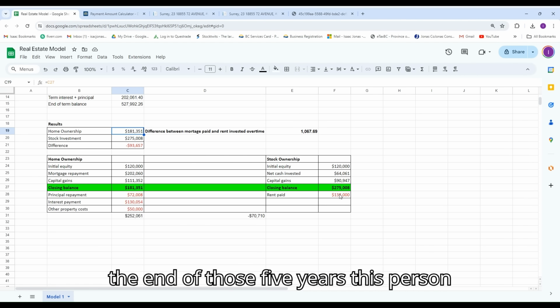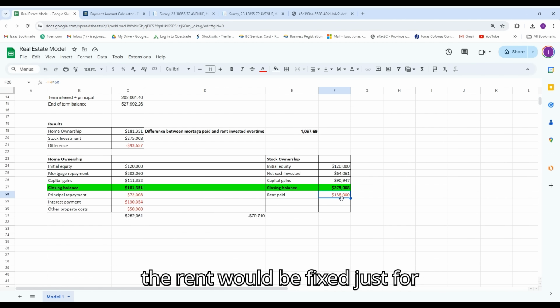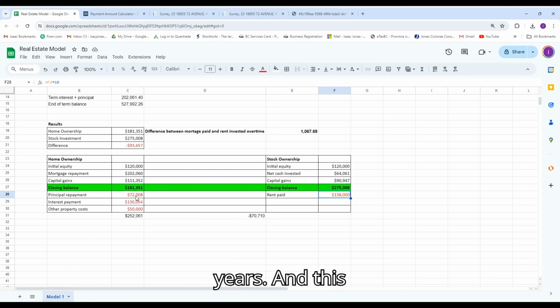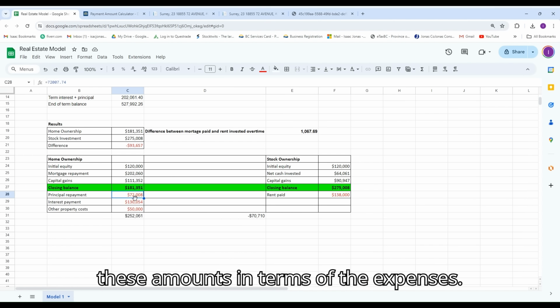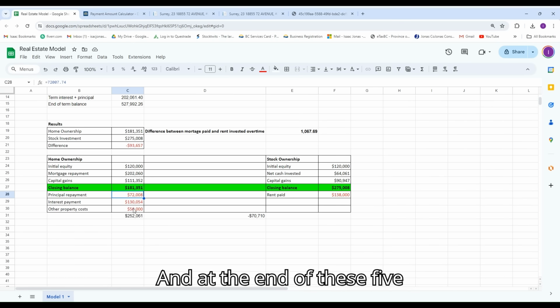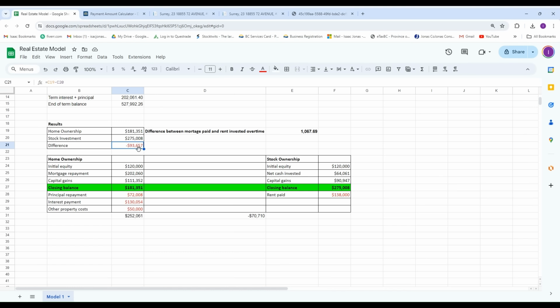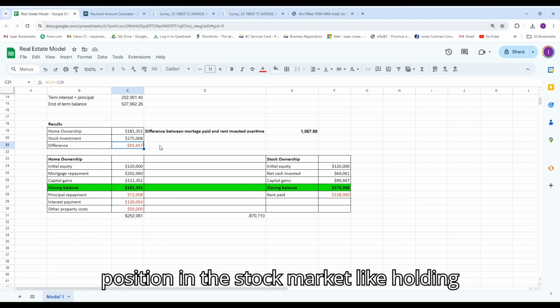At the end of those 5 years, this person would have paid out 138,000, and I'm assuming the rent would be fixed, just for simplicity, for the next 5 years. And this person would have paid out these amounts in terms of expenses. At the end of these 5 years, the difference would be 93,657 in favor of someone who has a position in the stock market, like holding stocks.